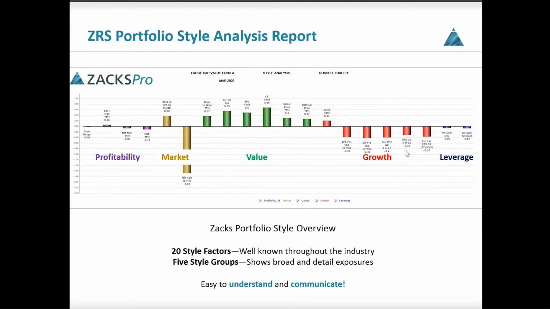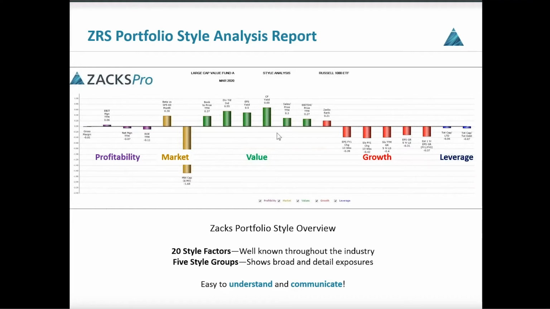We take these 20 factors and we also group them into 5 style groups using color. And this allows you to make it easy to describe. You can talk about profitability factors rather than having to go into technical descriptions of debt margin, operating margin, and so forth. You have market factors, beta and market cap.